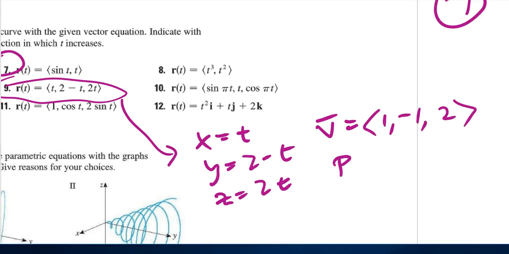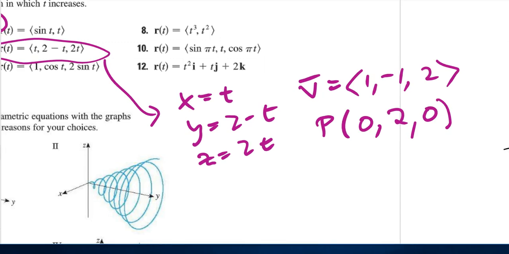And then the point on the line would be the constants in there. So there's 0 for x, 2 for y, and 0 for z. So this is the line that is parallel to this vector v, and it goes through this point. It's really stuff you've seen before.